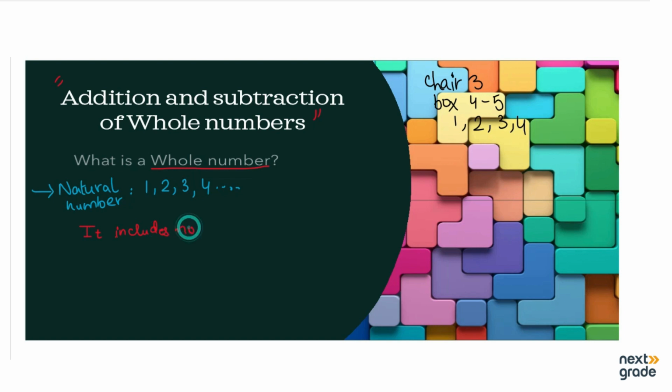Natural numbers हमने अभी पढ़ा है, 1, 2, 3, 4 and so on. They don't have any limit. It goes up till 100 or millions. तो होल नंबर में क्या क्या चीज़ें इंक्लूड होती हैं? होल नंबर इंक्लूड्स नेचुरल नंबर एंड ज़ीरो. जो नंबर ज़ीरो है, that is also included in whole numbers.